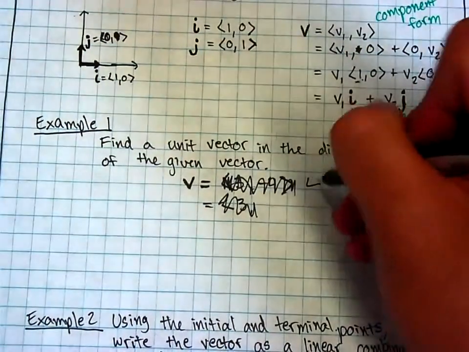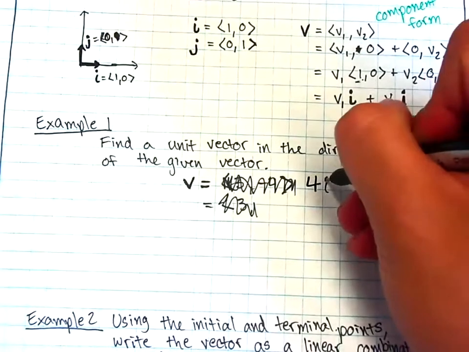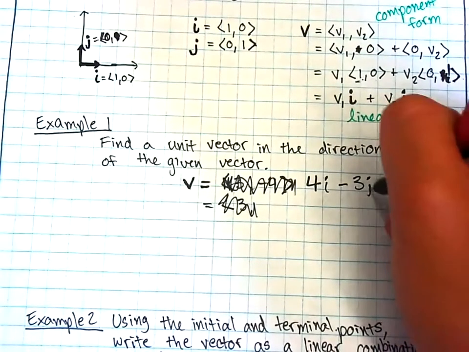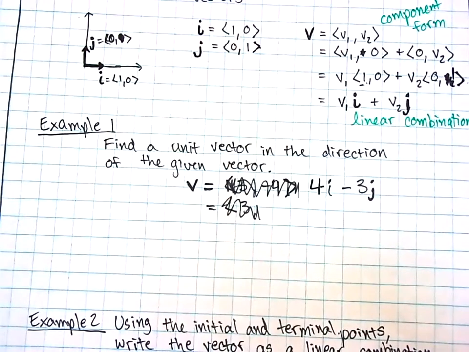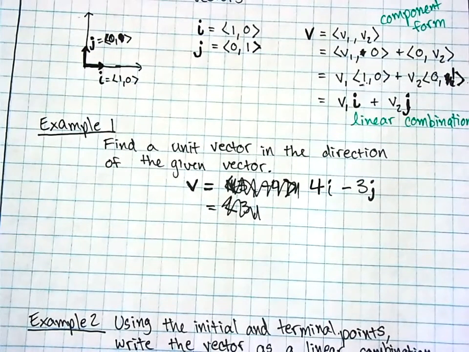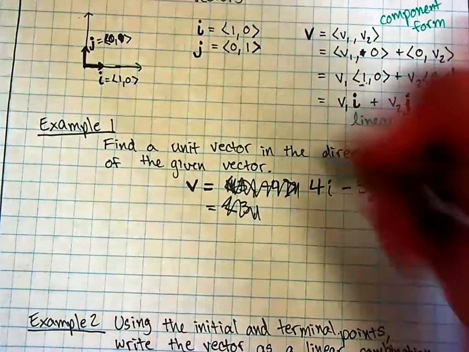It actually already started off with 4i minus 3j. So we're actually starting with a problem that is in linear combination form. And we're going to rewrite it in component form in order to help us solve this a little better.